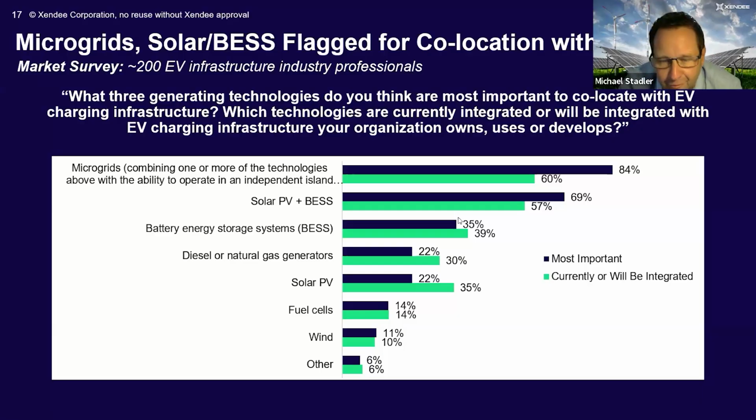And of course, it's becoming an even bigger problem with PV because you cannot control PV. So not many think that PV alone is a solution, but 35% are doing something to at least get the cost somehow down. But if you add all this up, it's clear that the microgrid, this controllable cluster of resources of multiple technologies, is actually the best solution to overcome these limitations in the EV infrastructure space.